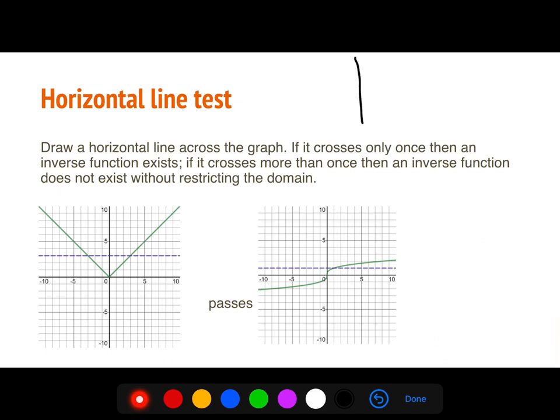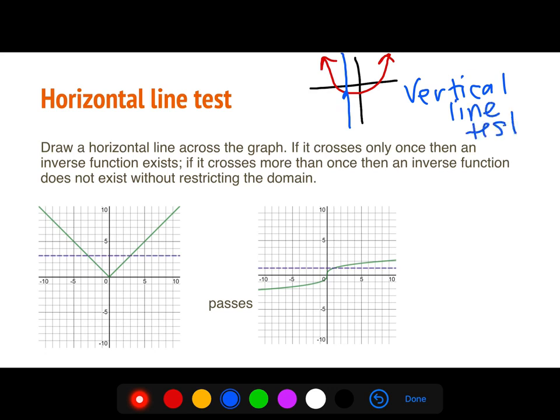The horizontal line test. Well, back in Algebra 1, you learned about the vertical line test. With the vertical line test, you usually had some kind of relation, and what you did is you drew a vertical line, and if it crossed once, according to the vertical line test, it was a function.